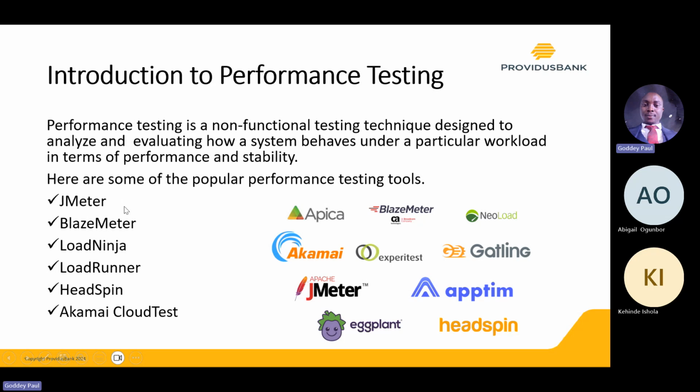The most common of them all is JMeter, and it's common because it is open source and it's free. Then we have others like BlazeMeter, LoadNinja, LoadRunner. LoadRunner is also a very powerful tool. I know people who use LoadRunner. So yeah, I can say I use it kind of.